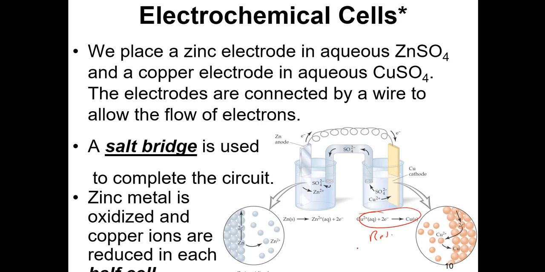Well, we can use another term called an oxidizing agent, because copper, because it's reducing, is causing oxidation in zinc. And then vice versa, because zinc is oxidizing, we say that it is a reducing agent because it's causing reduction in the copper ions.